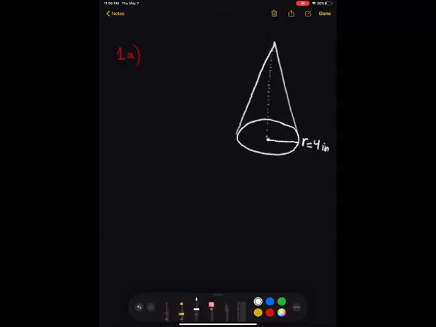It's kind of crooked, but you get the point. So our height is equal to 12 inches. Let's review here. We know that the volume of our cone is equal to 1/3 times base times the height.